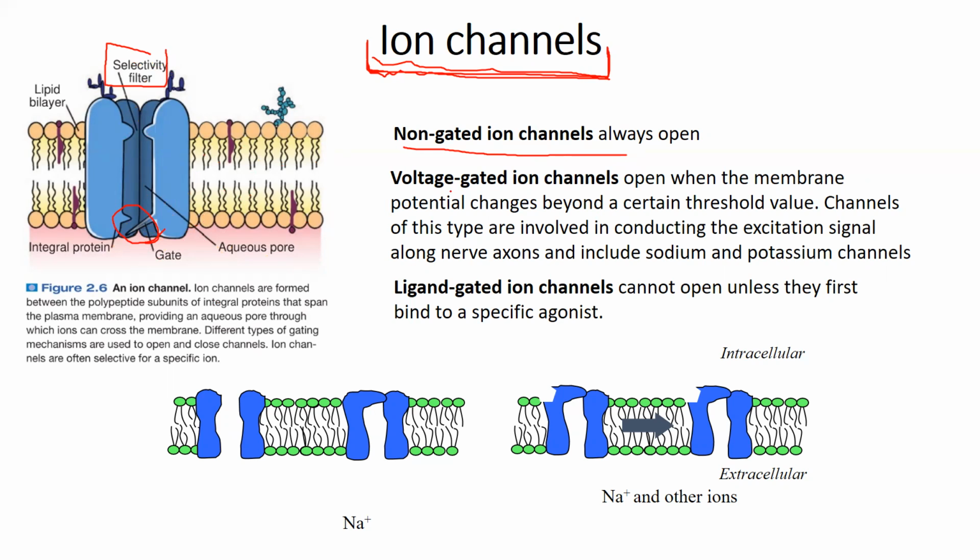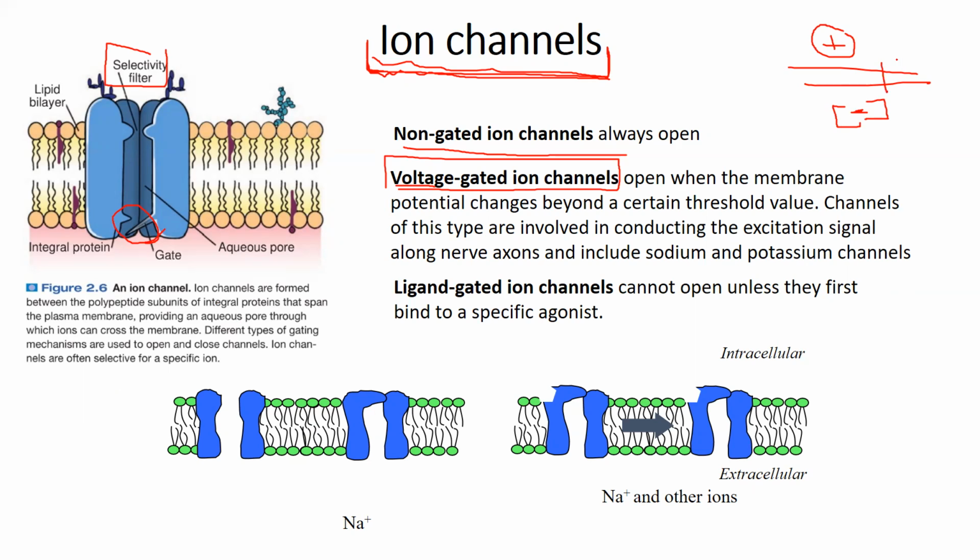They are always open, but most of them do have a gate, some of which are voltage-gated ion channels, meaning that they open when there is a change in the membrane potential. What do we mean by this? We know that the inside of the cell is more negative than outside of the cell, as we will learn in the coming lectures.